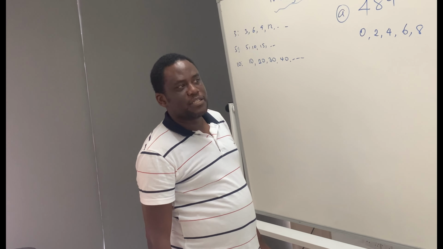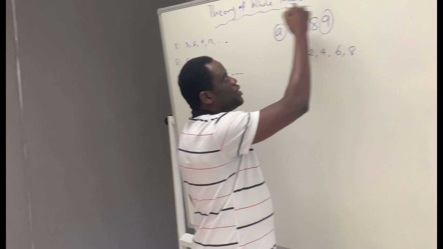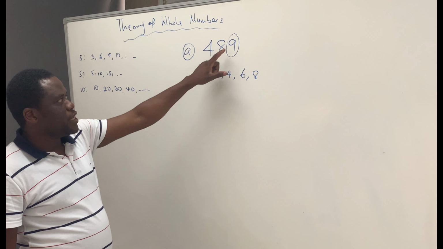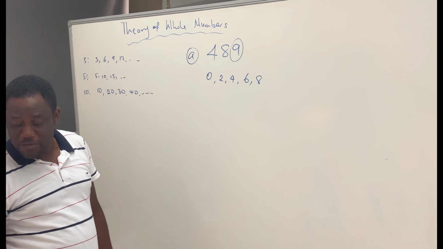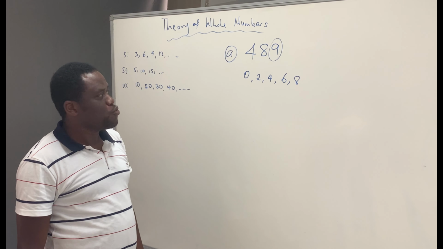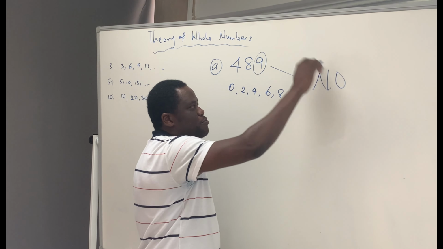Now, what is the last digit? The last digit is 9. Can 2 go into 9 without remainder? It's not possible. So this number is not a multiple.